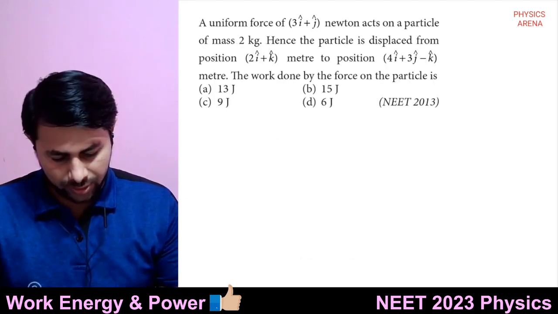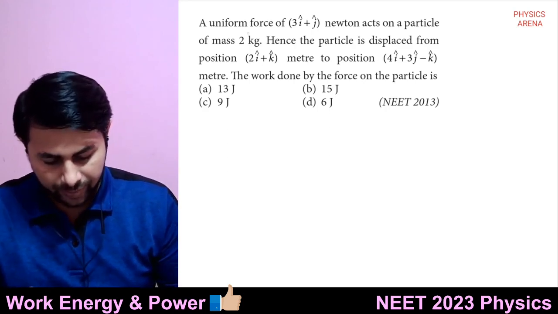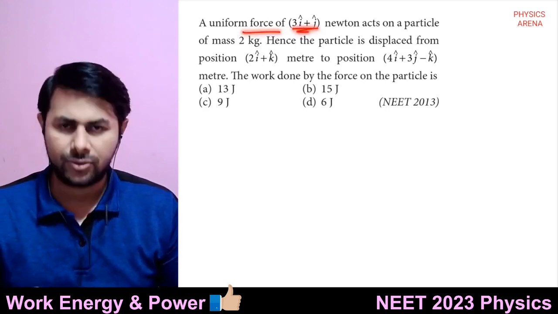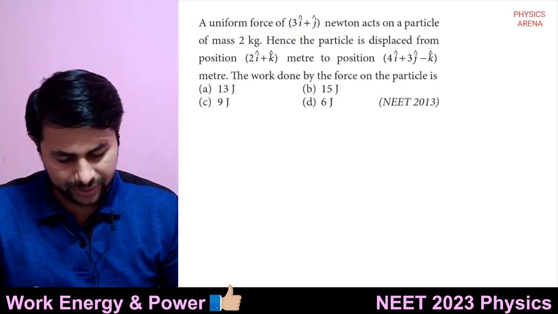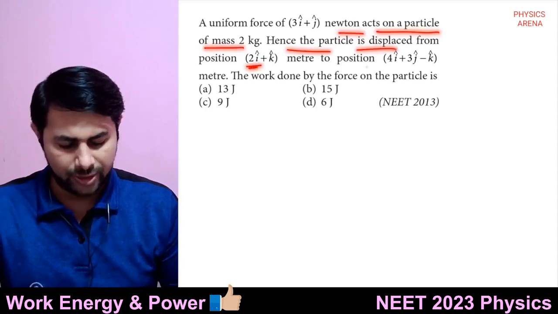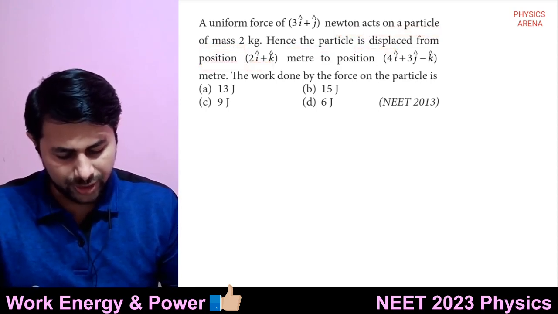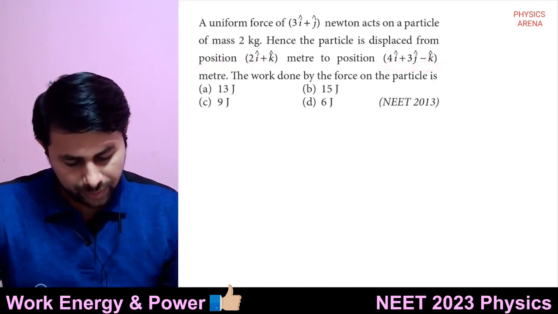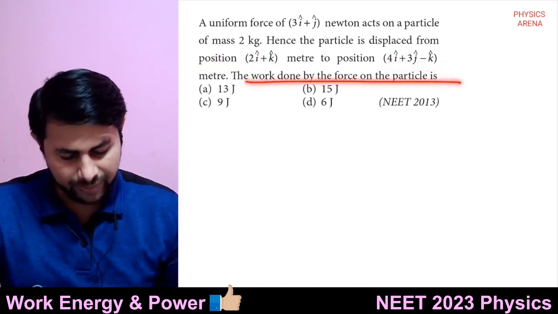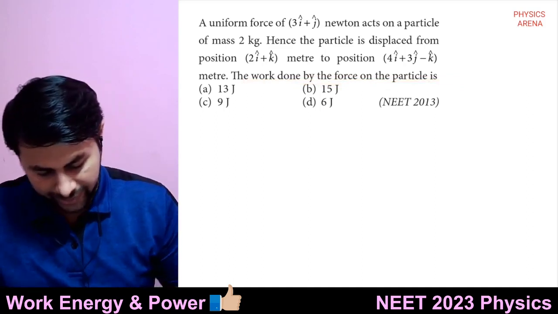Simple. So let's see the next question. It is similar. A uniform force, 3i plus j cap newton, acts on a particle of mass 2 kg as the particle is displaced from position 2i plus k cap meter to this position. The work done by the force on the particle is very simple, right?